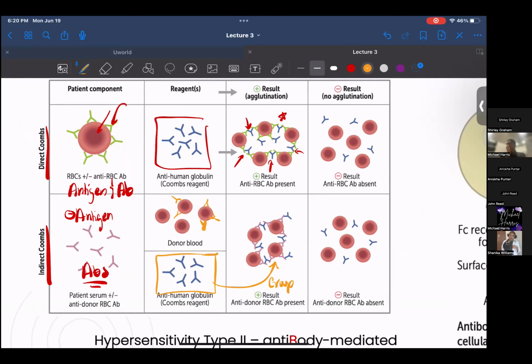Now, here's my question to you. If a patient is positive for an indirect Coombs test, does that mean that they have active breaking up of red blood cells right now, at this moment?